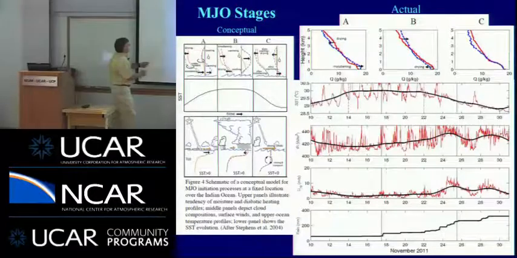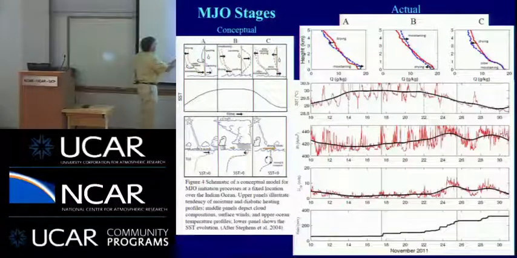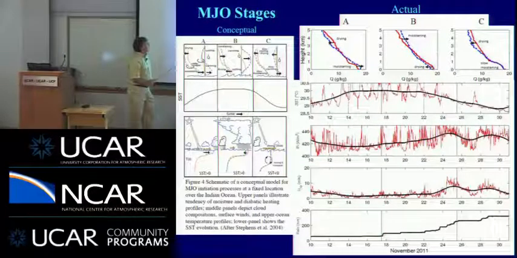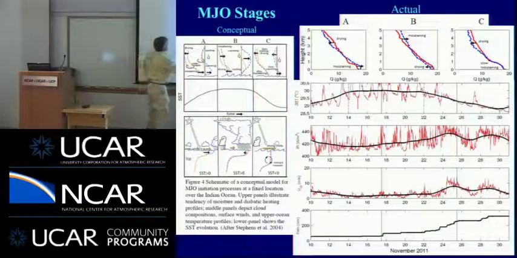Right. So the red is during this phase, and it's drying into this phase. Over here, in this phase, it's moistening, and then in this phase, it's again drying. So the three panels are representative of these three sections of the passage of an MJO.